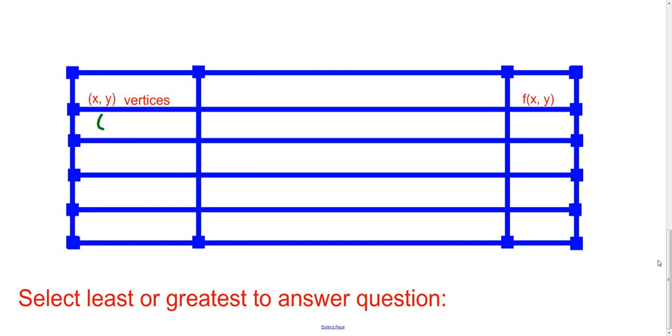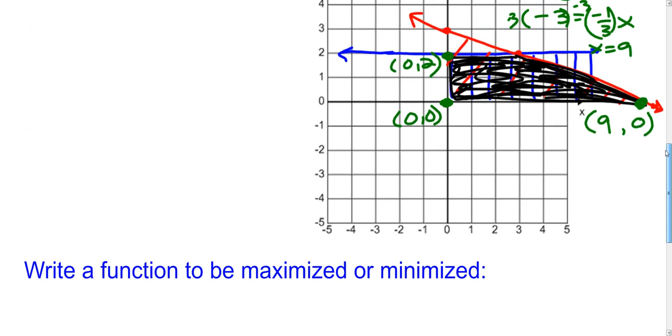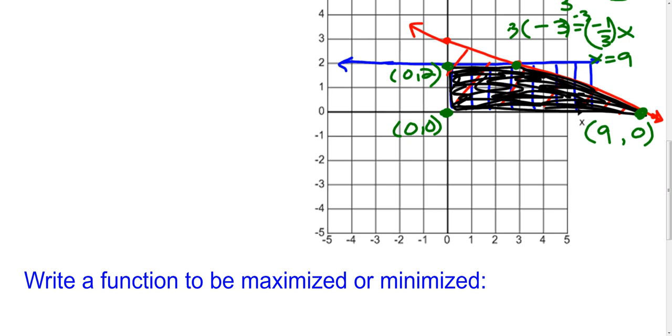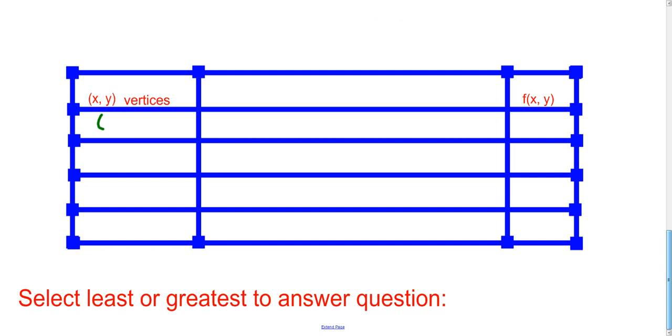Oh, you know what? I have one more. Sorry. Right here, I didn't do this corner. Okay, and that would be the point 3, 2. All right. And now I'll list those 4 corners that we just came up with.